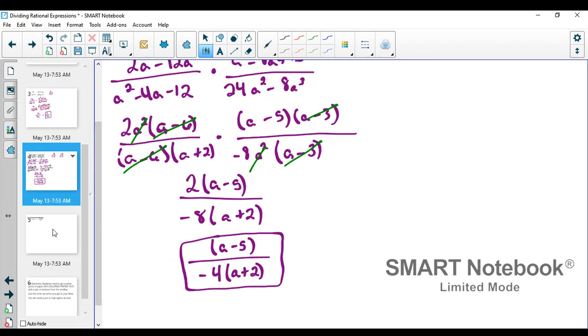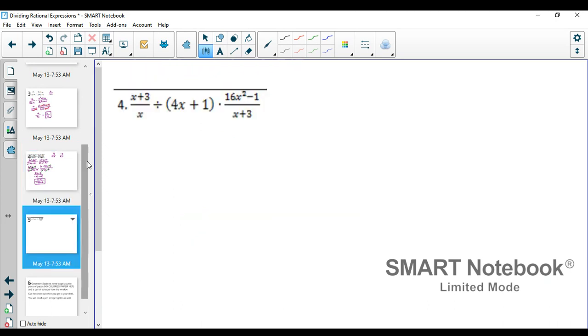All right, and then I believe this is the last example, and we have 3 things. So you have to follow order of operations, which means you go left to right and do operations left to right. So we're going to do the division first, but we're going to put this over 1.